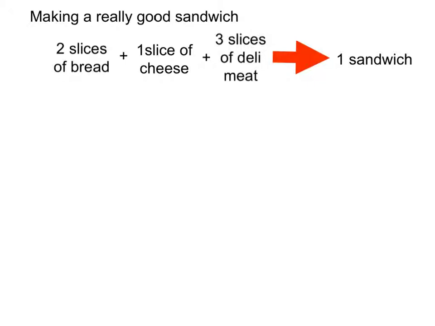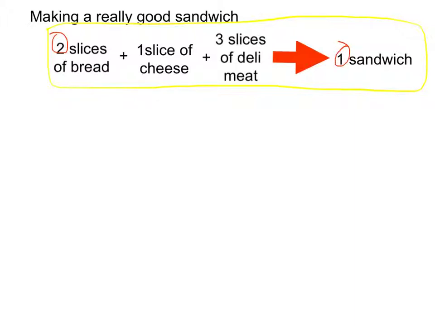What if you wanted to make a really good sandwich? And in that one good sandwich, you're going to combine 2 slices of bread with 1 slice of cheese and 3 slices of deli meat. Okay, and I've just written that recipe as if you were to write it in a chemical equation. For every 2 slices of bread, I make 1 sandwich.